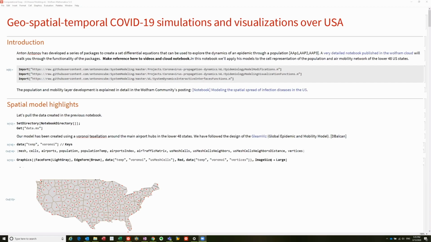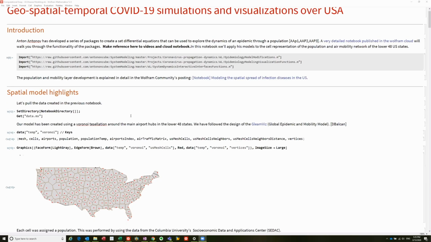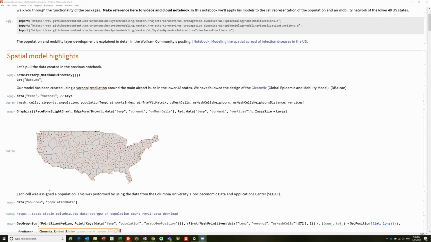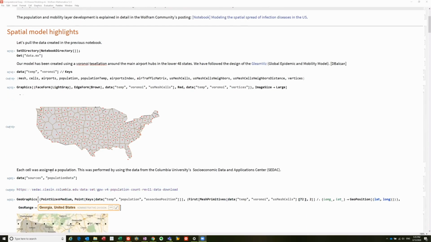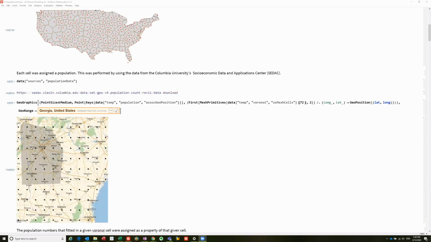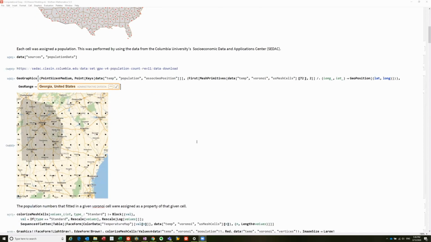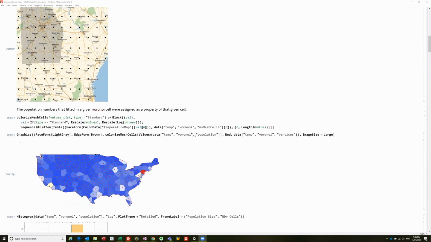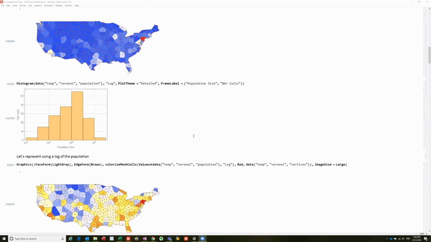But just to give you a teaser, what we have done with Anton's model is divide the United States into main airport hubs, more or less at a 50 kilometers distance from each other. We will show the different tools and the different issues that we had along the way dealing with real data and how to use that data and analyze it.